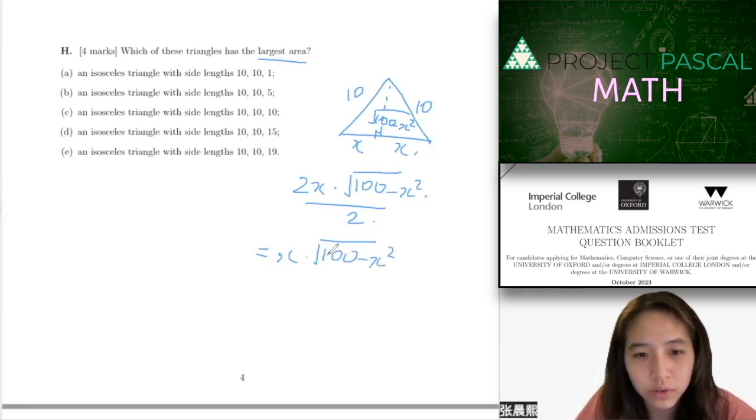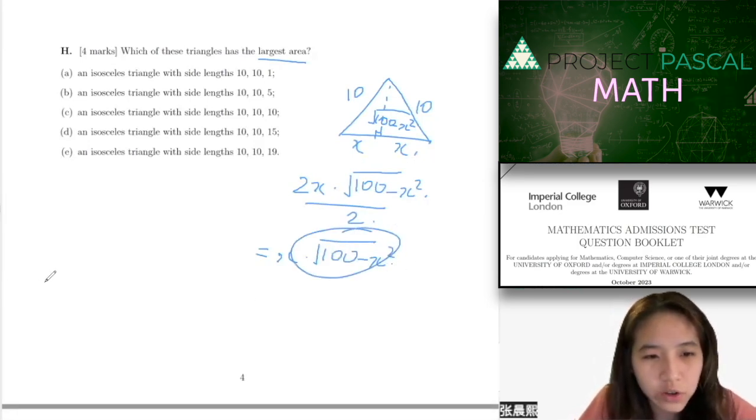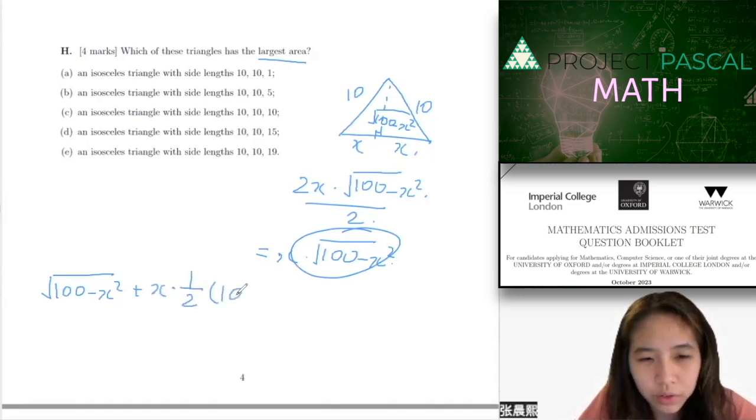And you basically try to differentiate this. So after differentiating, you get root 100 minus x squared plus x times half times 100 minus x squared to the power of negative half equals 0.